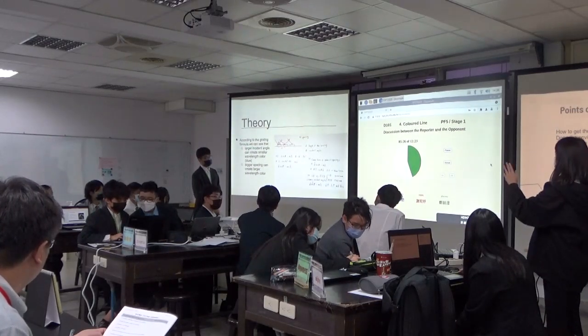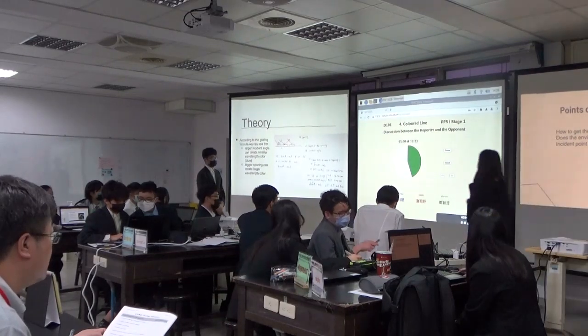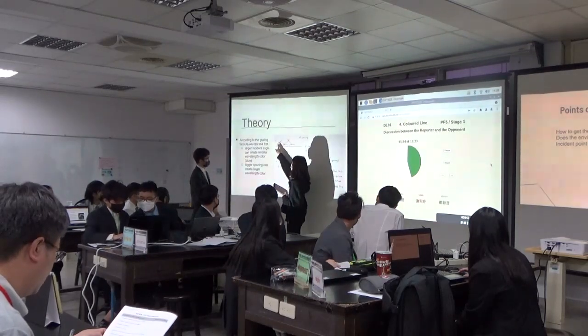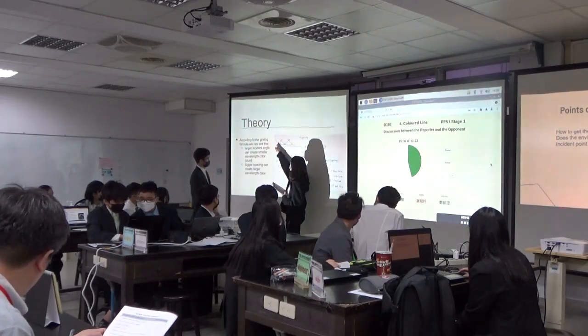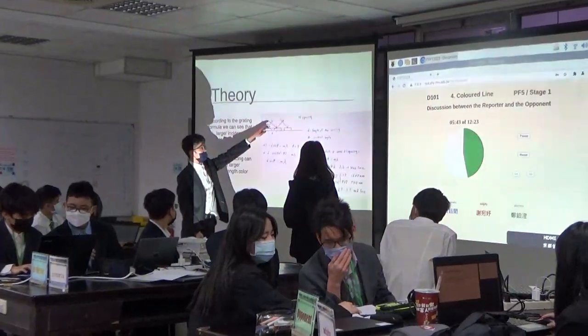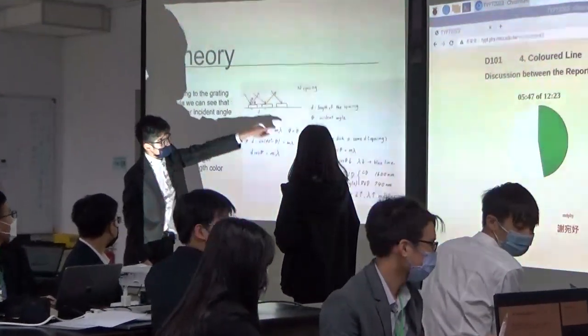No, but for your incidence angle, if you mean the incidence angle, this angle is the incidence angle, and this is the diffraction angle. This is the trick. Do you think that this new angle will be 90 degrees?